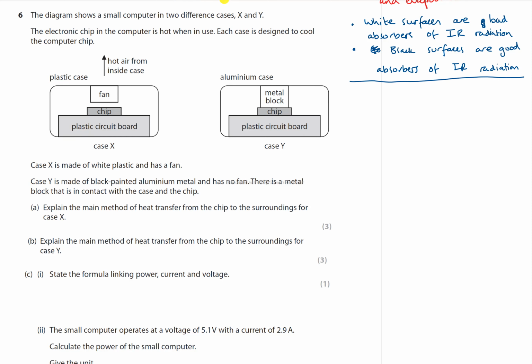Right, with this question, we've got two computer cases. This one has got a plastic case, a white plastic case. Right, straight away we know that's going to apply to it.